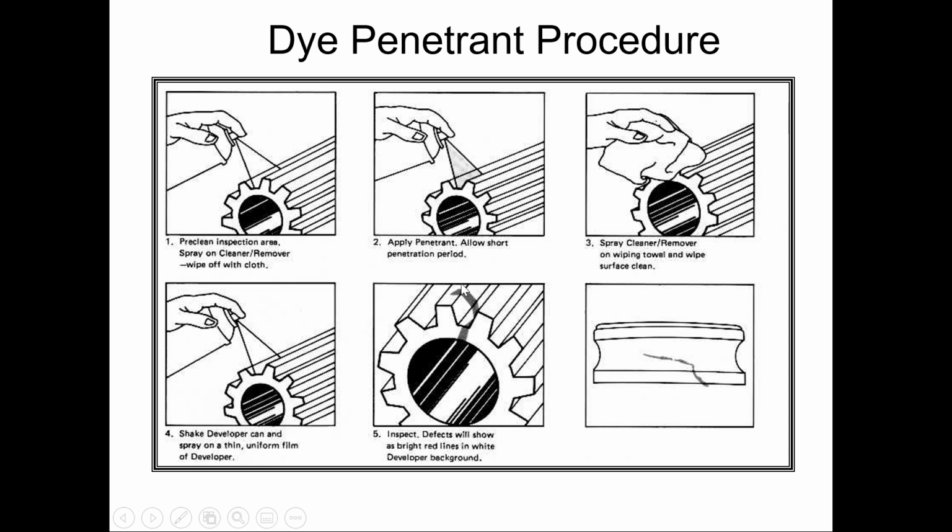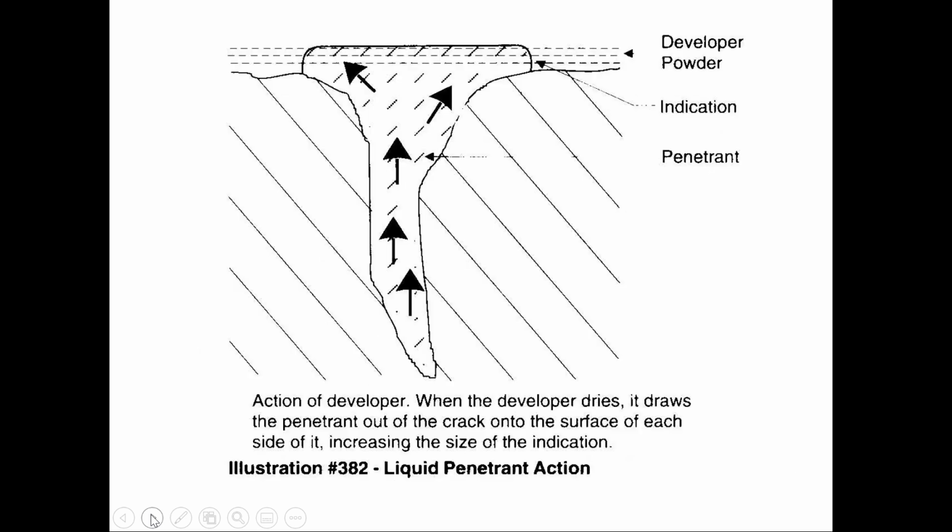If there's a crack, it'll start to draw it out, and you can actually see where the crack is. This red section is known as an indication. An indication is where all the dye is being drawn out of the crack and showing us where the crack is. It's commonly done when you're dressing the crack, trying to figure out where the crack begins or ends.